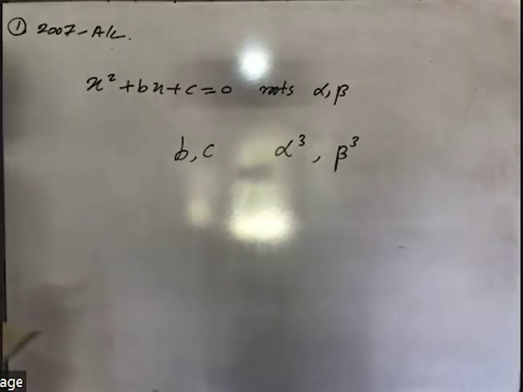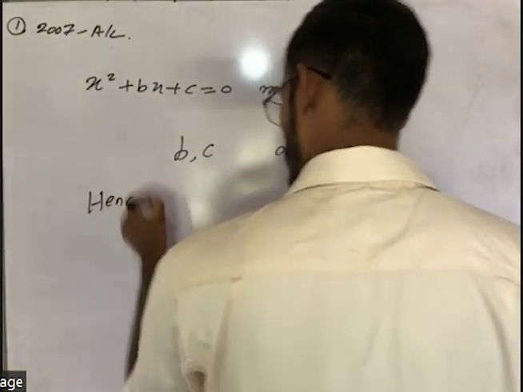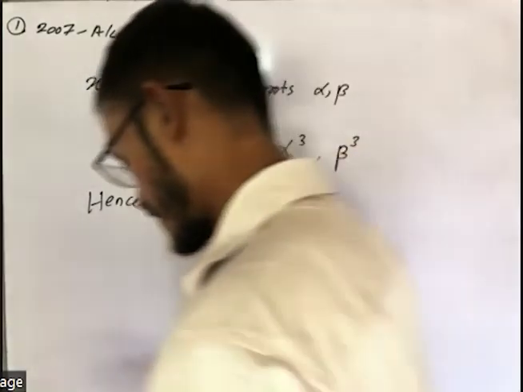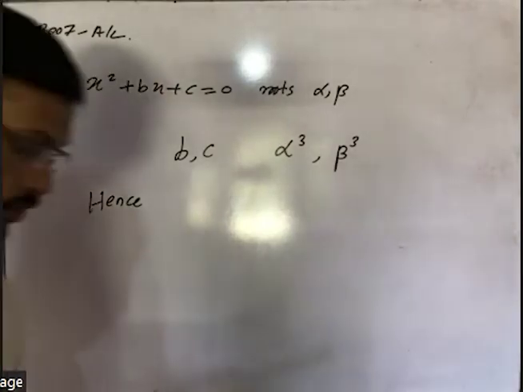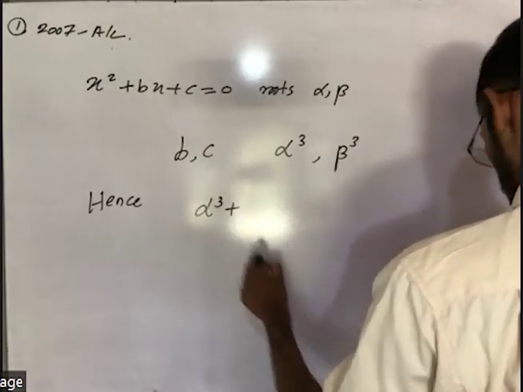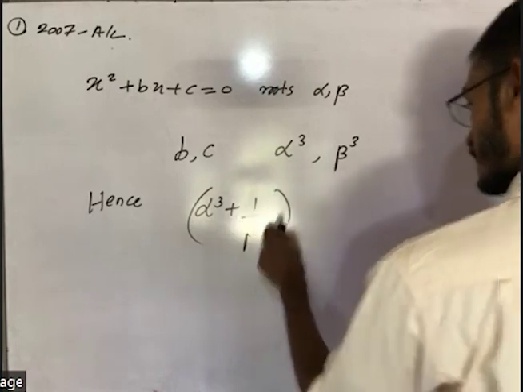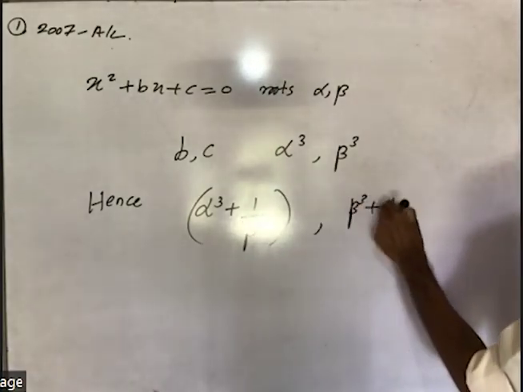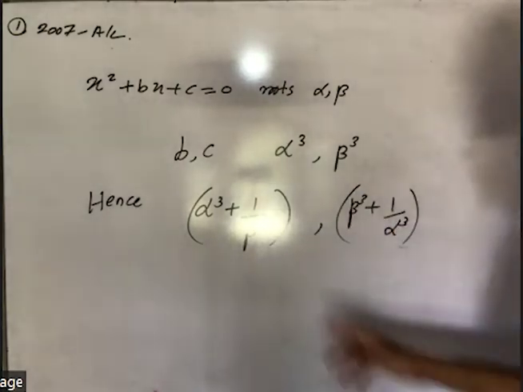Next, write down, hence find the quadratic equation in terms of b and c whose roots are alpha to the power 3 plus 1 over beta to the power 3, comma, beta to the power 3 plus 1 over alpha to the power 3. Right? So these are the roots.